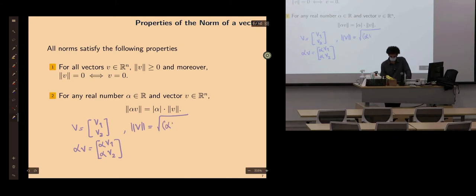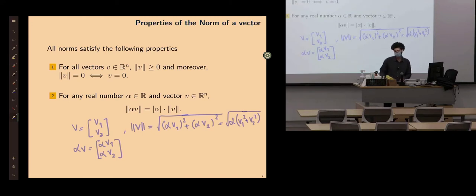So you have alpha times V1 squared plus alpha times V2 squared. And then you can factor it. Now, because the norm is non-negative, if we had kept alpha inside, it wouldn't lead to any negative outcome. So to make sure the outcome won't be negative, we put an absolute value on alpha, to make sure that if alpha is negative, that won't happen.